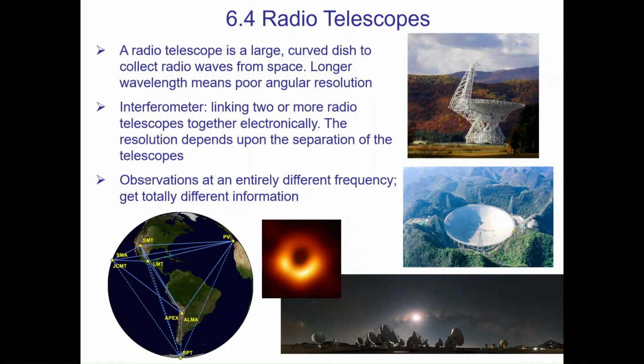And most importantly, the observation of radio telescopes actually brings us to an entirely different frequency. We can get totally different information from what we observe in visible light. There are actually a lot of objects in space that have very low temperature. They only emit radio waves.